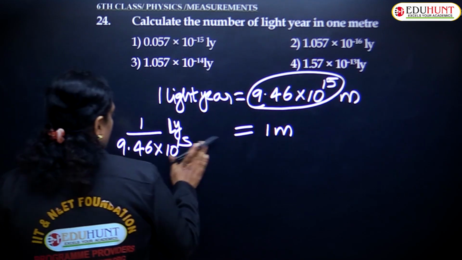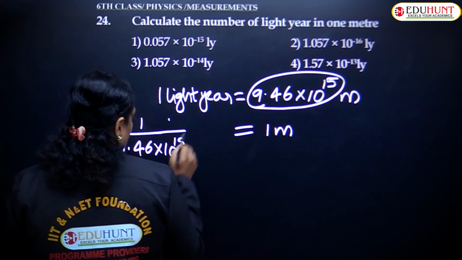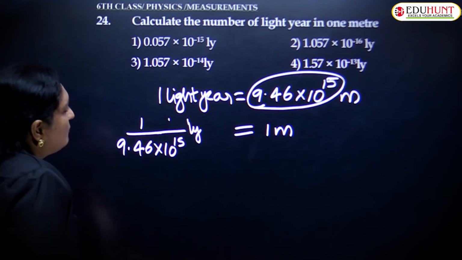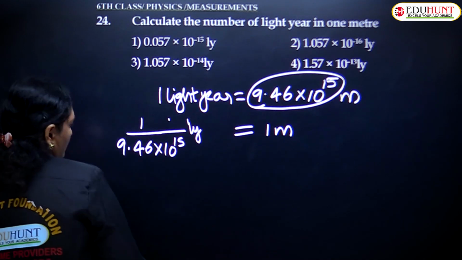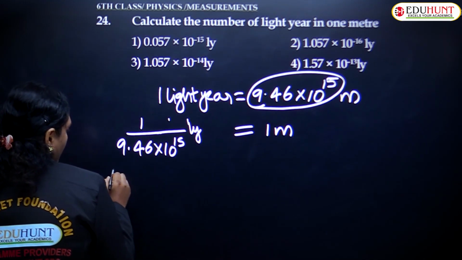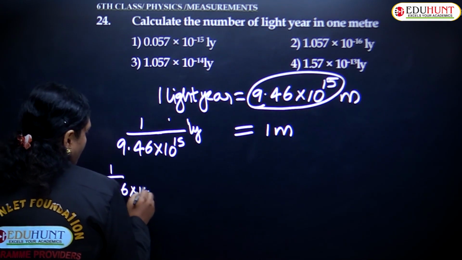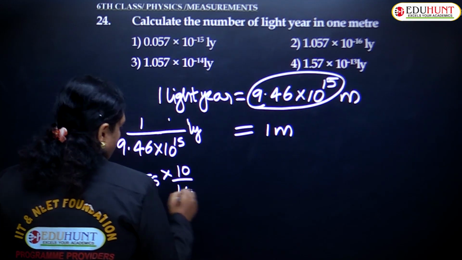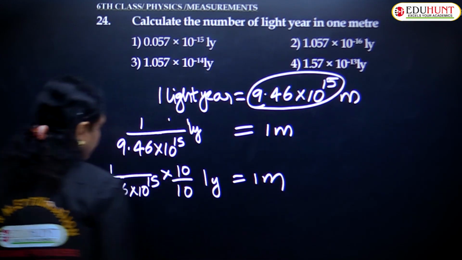So 1 by 9.46, you can't divide 1 in this, no? So what I do is multiply and divide by 10: 9.46 into 10 power 15 into 10 by 10. So light years is the value of 1 meter.